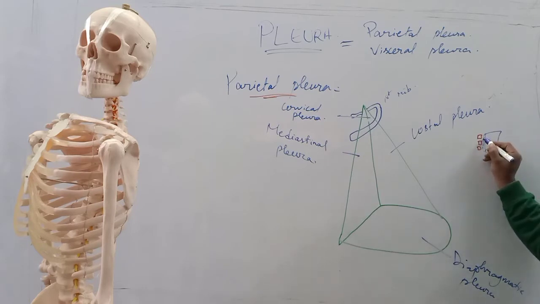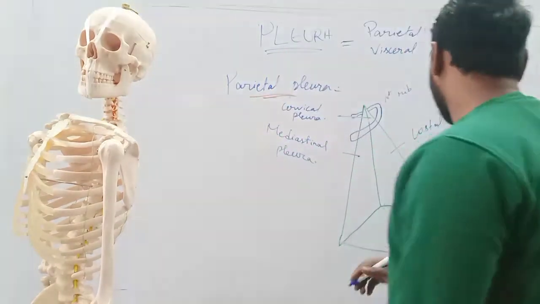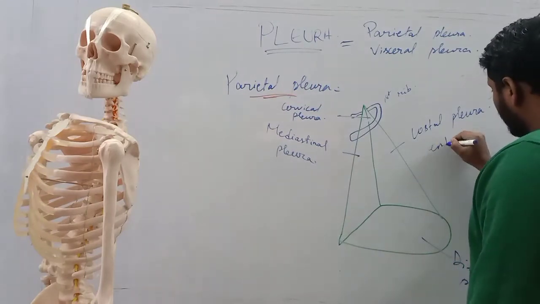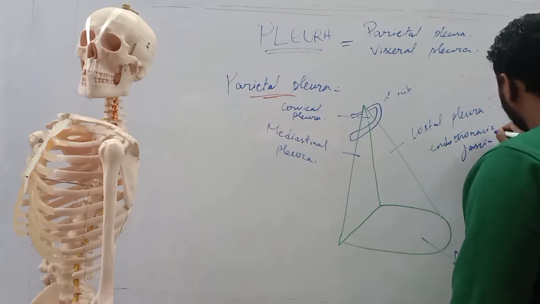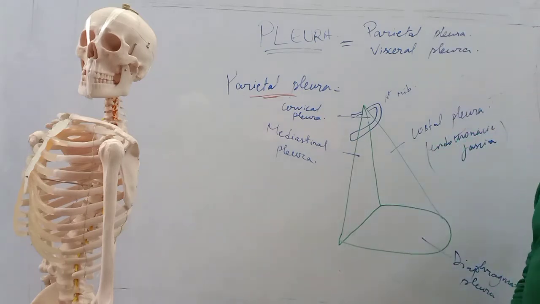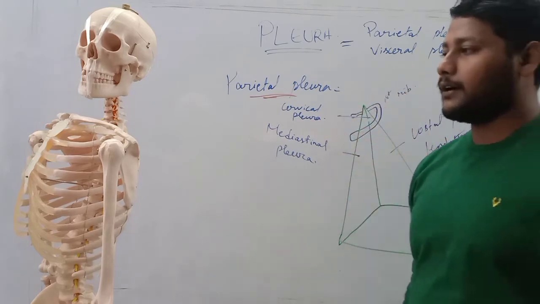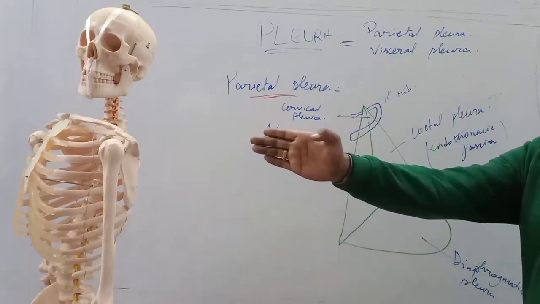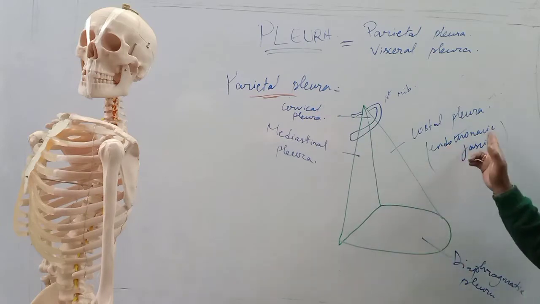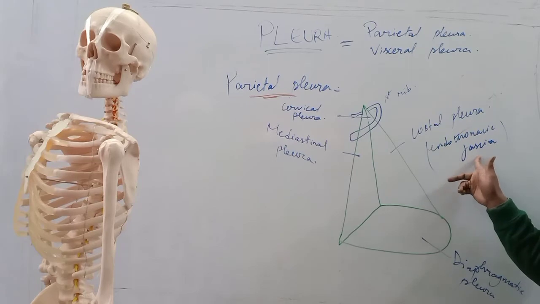This costal pleura is thinly attached to the inner surface of the ribs by a layer of areolar tissue, which is known as the endothoracic fascia. So the costal pleura is present towards the thoracic cage and is attached by a loose layer to the inner surfaces of the ribs by the loose layer of fascia known as the endothoracic fascia.